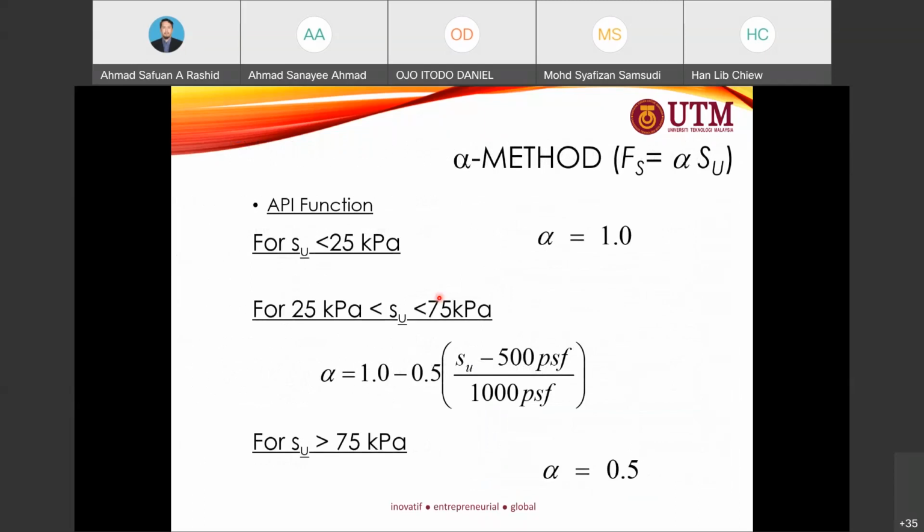If it is a very soft soil with a value less than 25, we use alpha equal to 1. For the range of 25 to 75, we use the second equation of the alpha. And for the value greater than 75, we use 0.5.